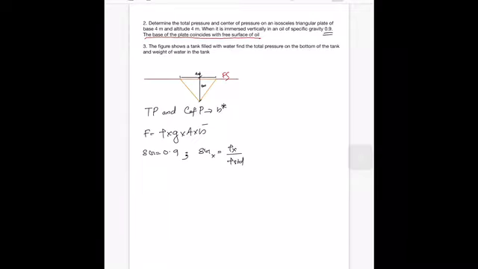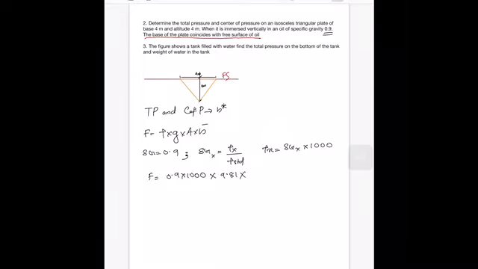We take standard liquid as water. So rho of X will be equal to specific gravity of X times 1000. From this equation we can find out rho of the oil will be equal to 0.9 times 1000. So F equal to rho, 0.9 times 1000, into 9.81.